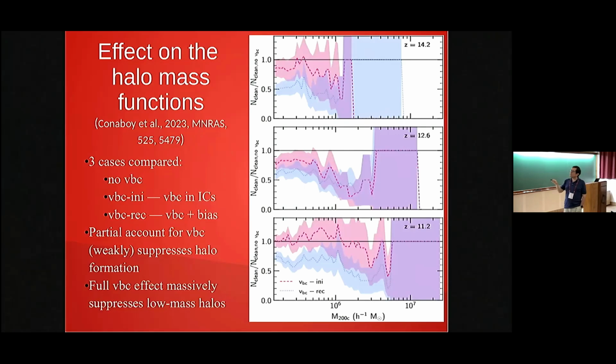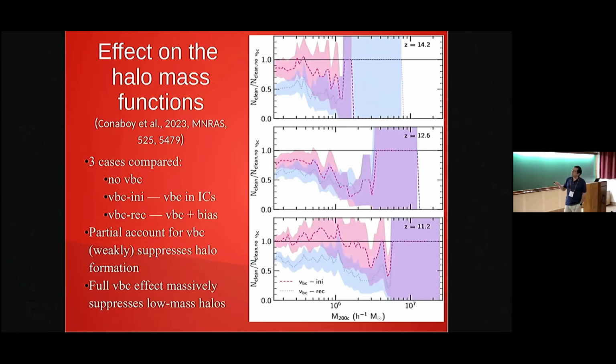First, no VBC, so we completely ignore this effect. Then VBC in the initial conditions, which is what some simulations do, introducing different power spectra in gas and dark matter, but otherwise not doing it self-consistently in terms of the relative velocities. And then finally, we have our method, which tries to do it self-consistently.